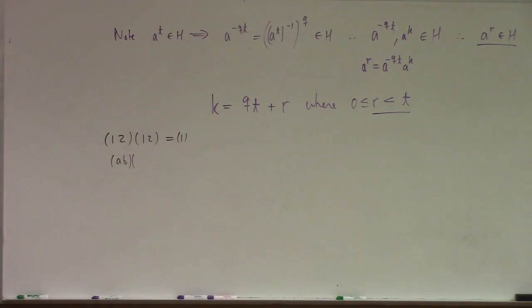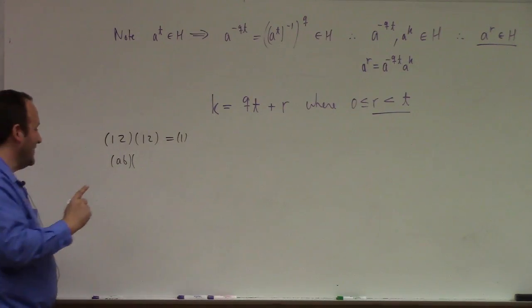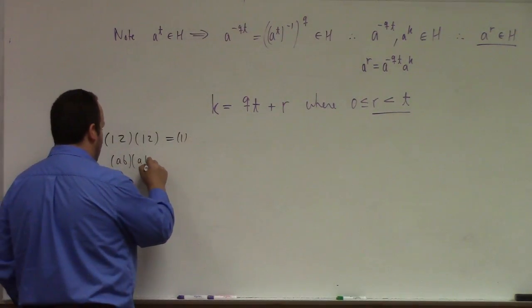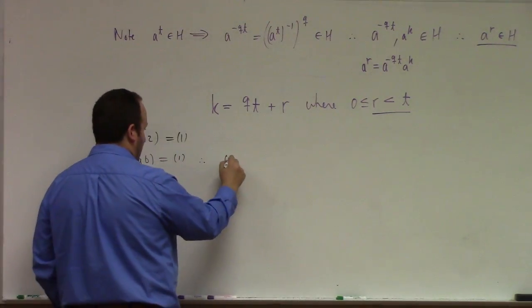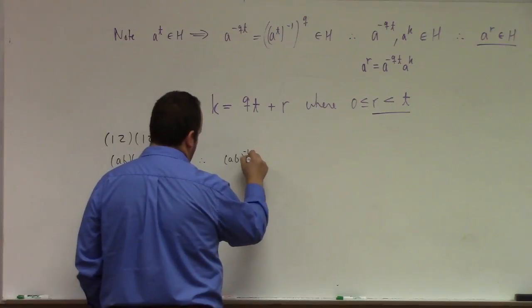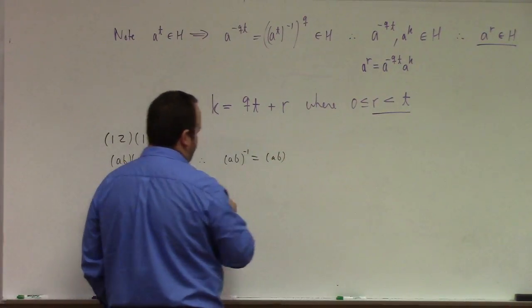In the last class, I made proofs about alpha, which was A1 through AK, and beta was B1 through BK. It is assumed that the A1 through AK are distinct. Otherwise, it wouldn't be a legitimate cycle, as we have been forced to learn today. But my point is, then this is 1, right? So therefore, AB inverse is just AB, right?